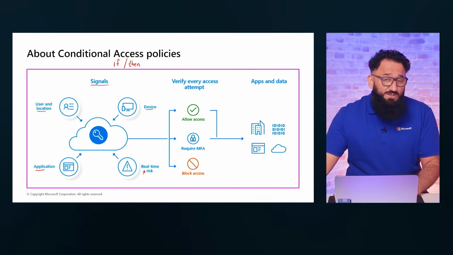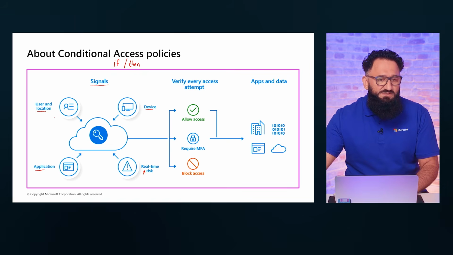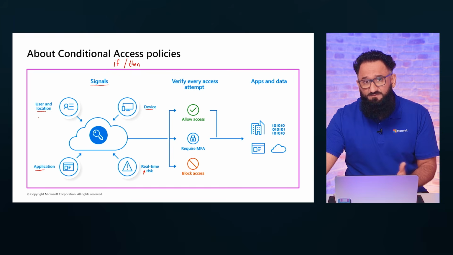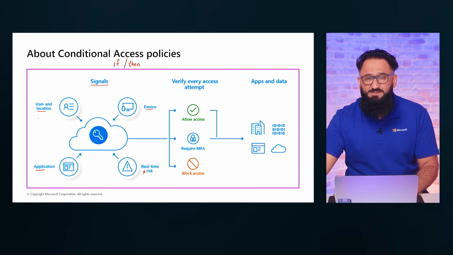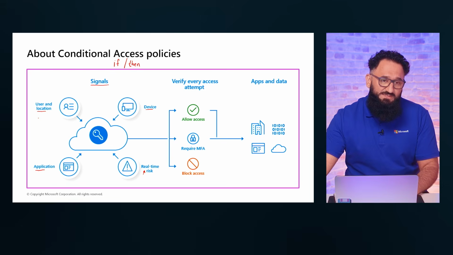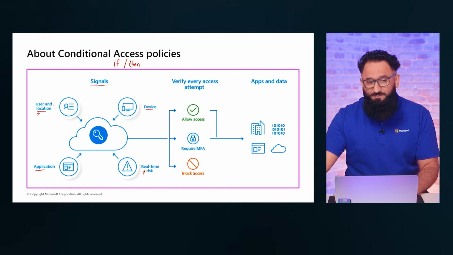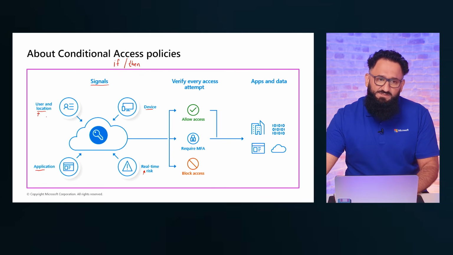Now, let's take a quick example to understand this. Imagine me currently sitting in my office working on my resources in Azure, for example. The signals that I might be generating would be all the details around me as a user, my user login details, and maybe the location that it's picking up from where I am right now. Let's assume I'm sitting in the office and I'm connecting to my resources.